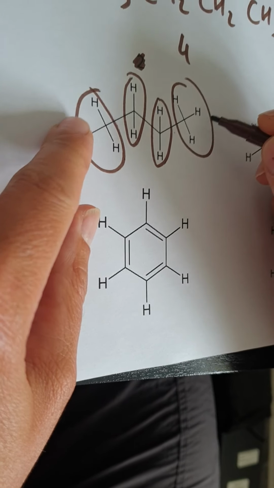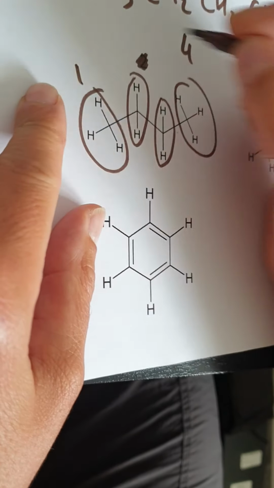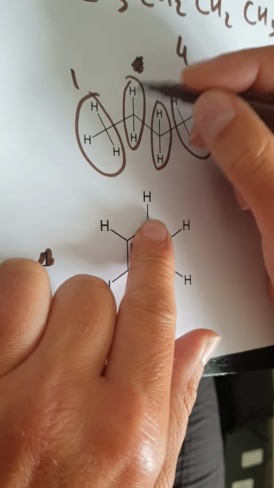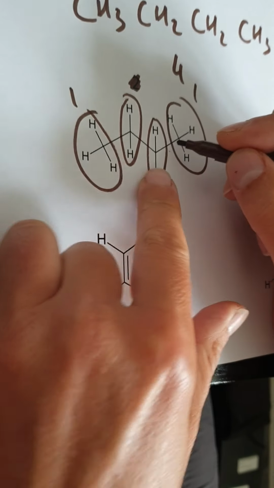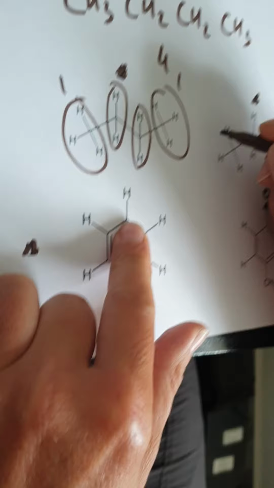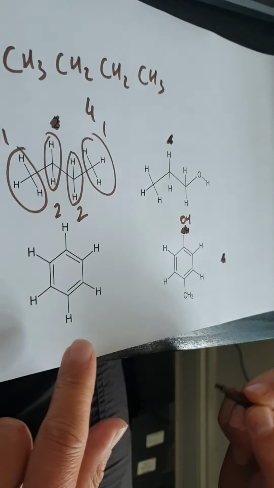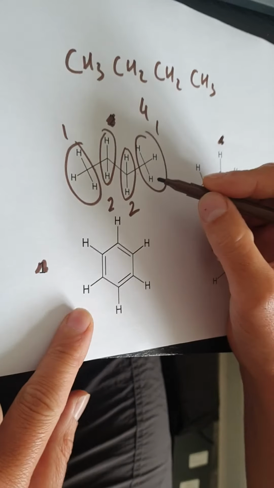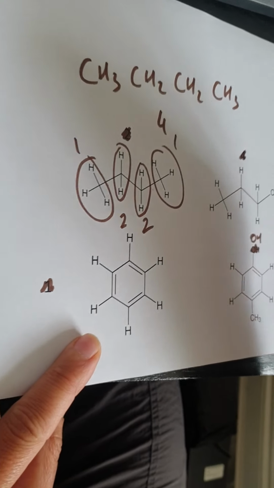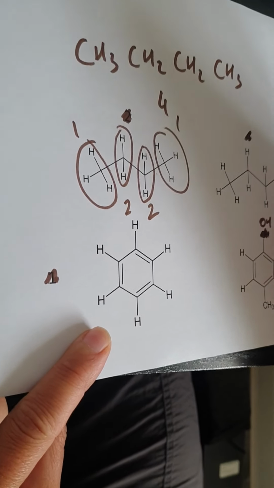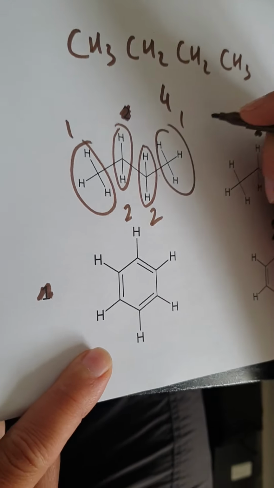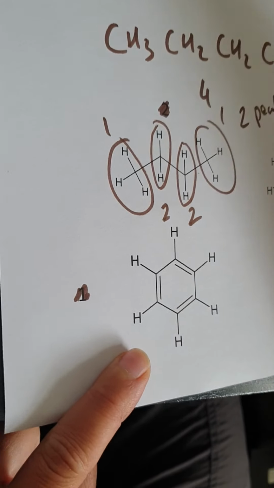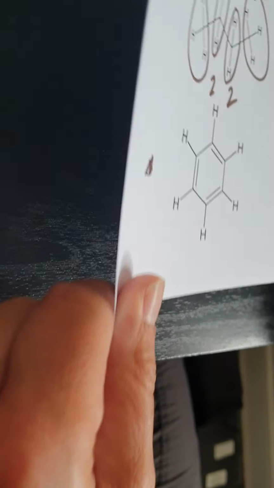This hydrogen sees that over there. Can you see they're exactly the same? So I'll call that 1 and 1. Now these hydrogens see that CH3 and the H, and this one sees the H and the CH3, so they're exactly the same too. So in other words, on this spectrum, we would see 2 peaks on proton NMR. Okay, 2 peaks. Now let's do a little bit more of a complex one.